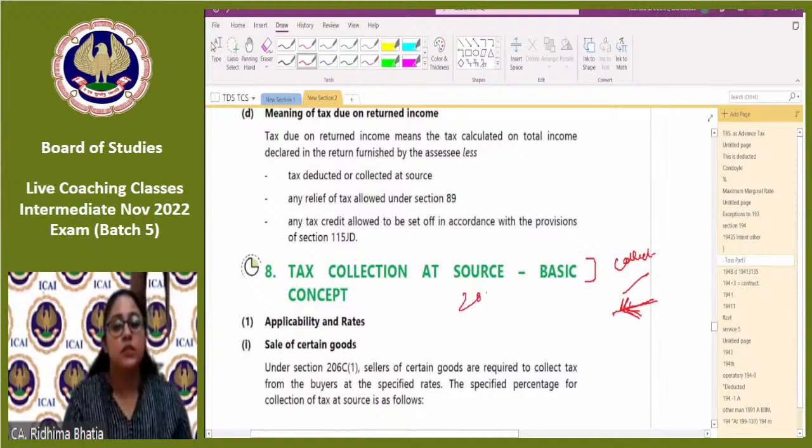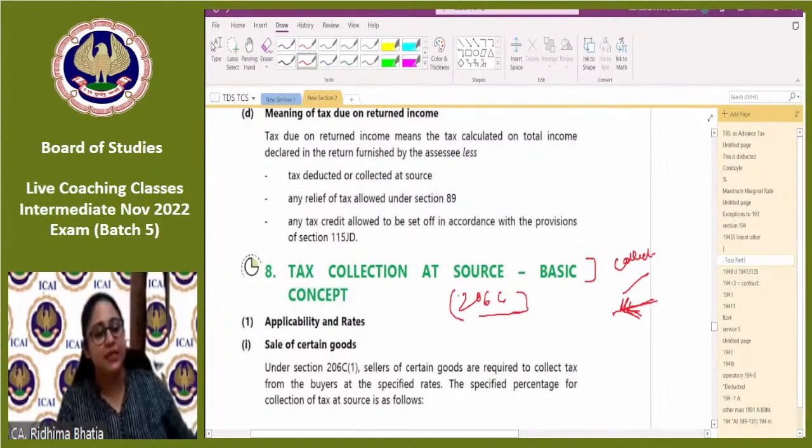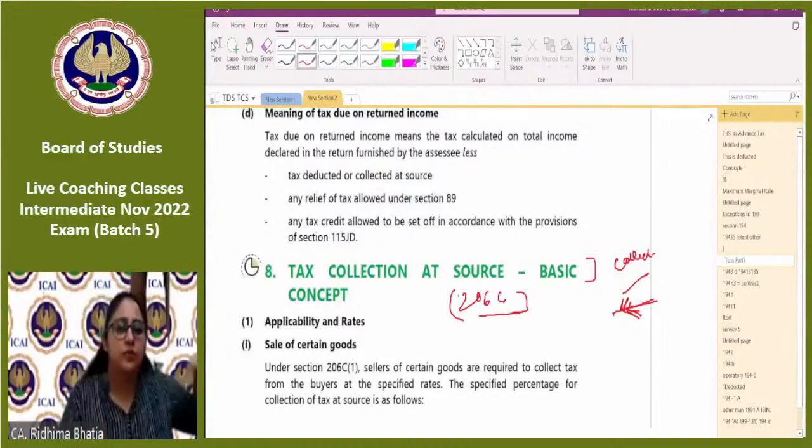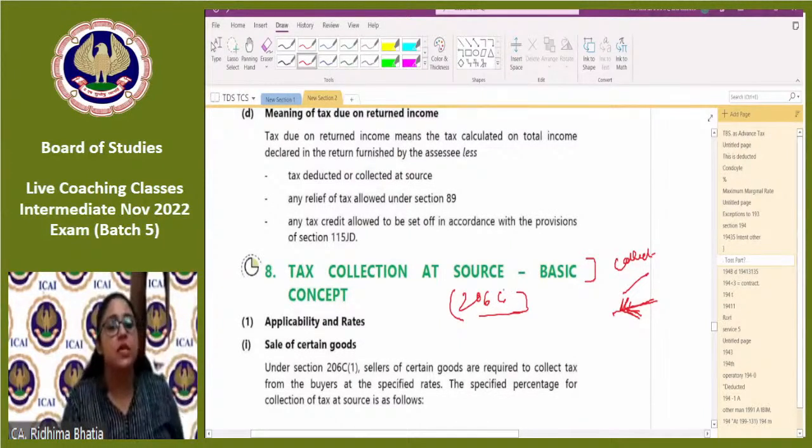Now TCS under income tax is under section 206C. Like TDS has independent sections 192, 194A, 194C, 194J, all of these are independent sections. 206C is one common section where TCS is there. After that, different types of TCS are there in different subsections.